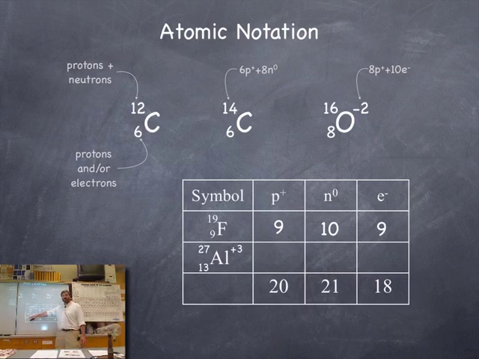All right, again, 13 right here means 13 protons. 27 minus 13 means 14 neutrons. Now, it says plus 3. What does that plus 3 mean? 3 fewer electrons than protons.